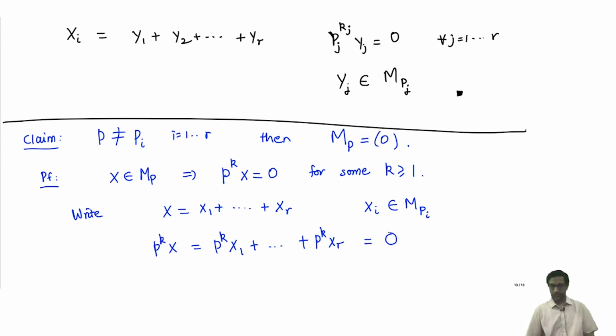That's our assumption. Okay. Now observe that each of these terms, P to the k x1 is in the first module M_P1, right, because it's just x1 multiplied by some scalar, and this last one is in the final module M_Pr. And what are we obtaining here? That a sum of elements from these different submodules is 0. Okay, but we have already shown that these submodules are independent, which means that if the element 0 can be written as a sum of elements from these modules, each of those components must be 0.